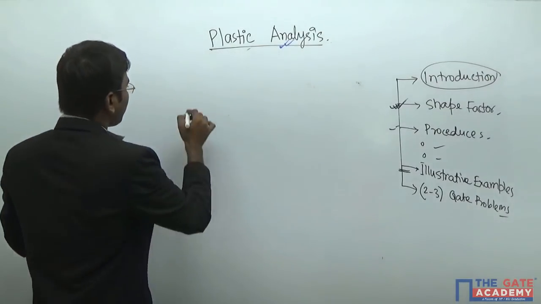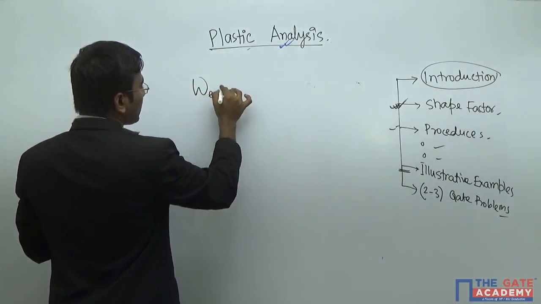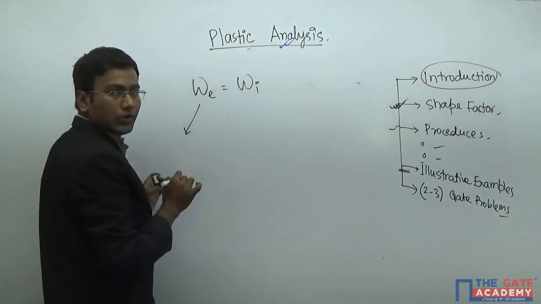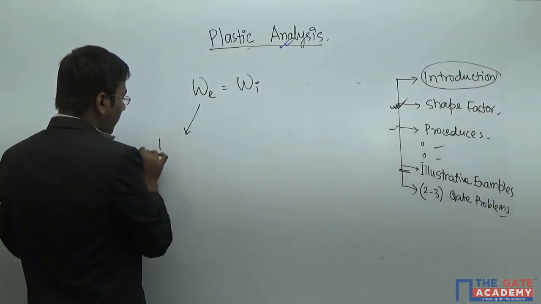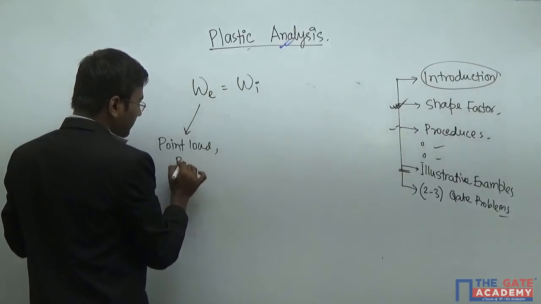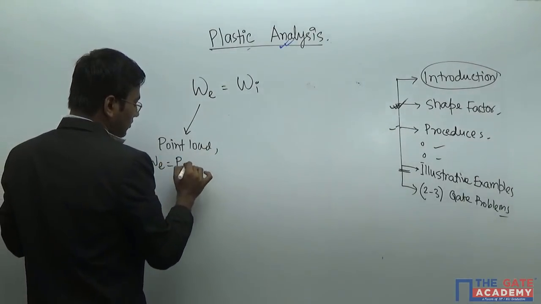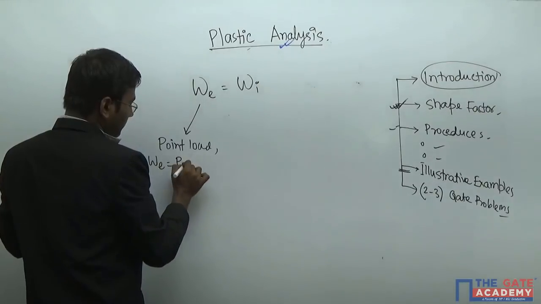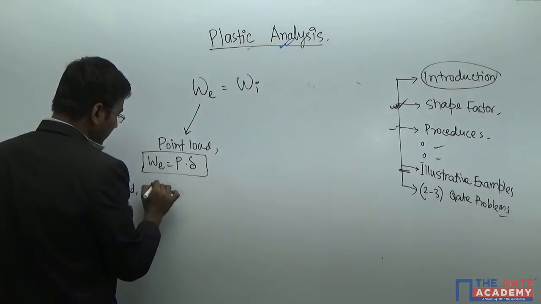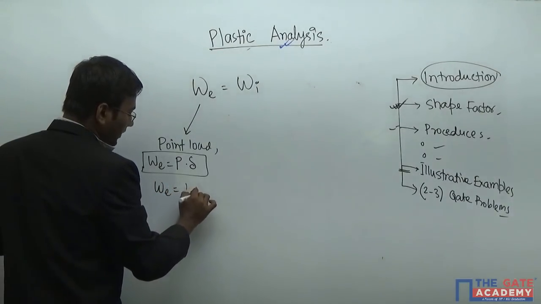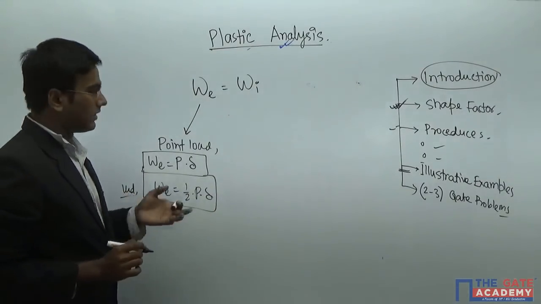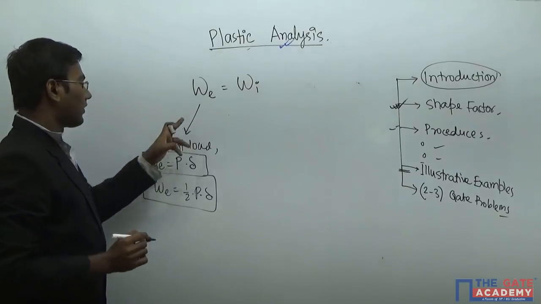We know that for the kinematic theorem, external work will be equal to internal work, right? Now external work, for a point load, will simply be P into delta, right? And for UDL it is half into P into delta in general. This is the point load and UDL for external work.